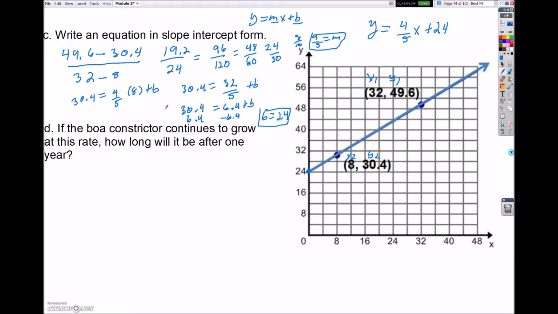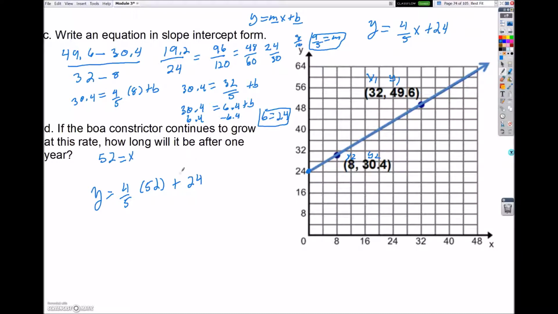If the boa constrictor continues at this rate, how long will it be in 1 year? Remember, x represents time in weeks. All we need to do is figure out how many weeks are in 1 year, and that is 52 weeks. So that's going to be my x value. The total length will be 4/5 times 52 plus 24.